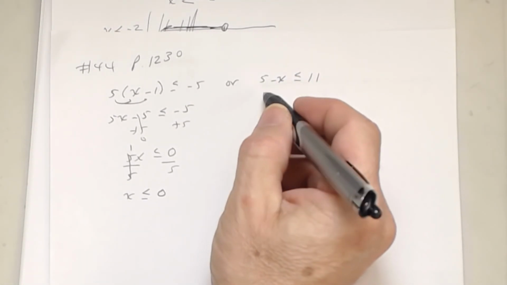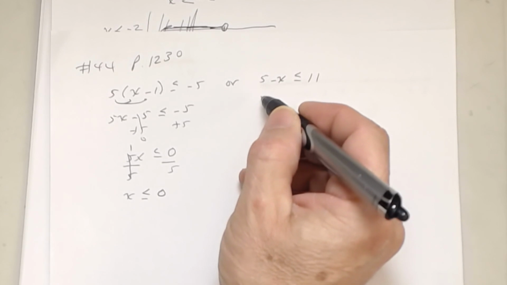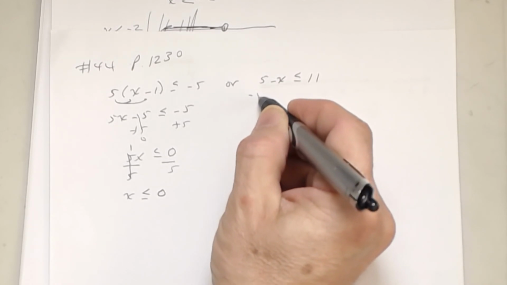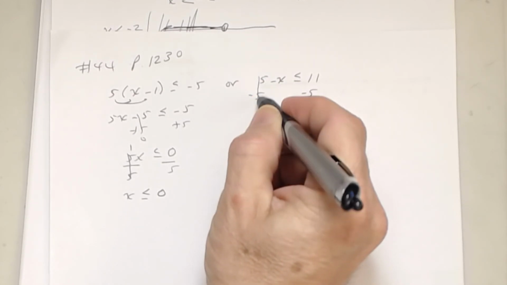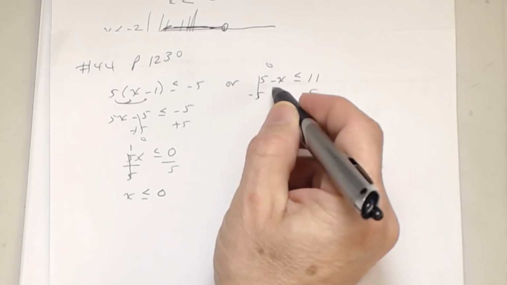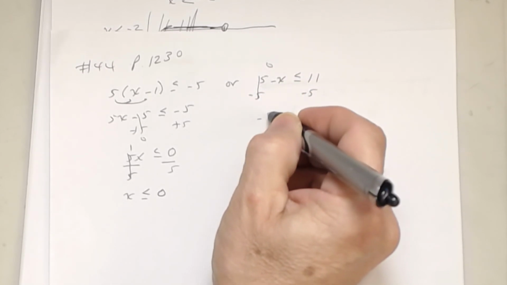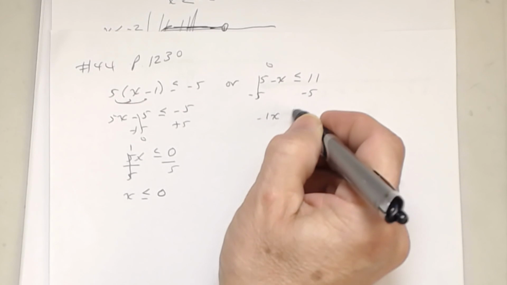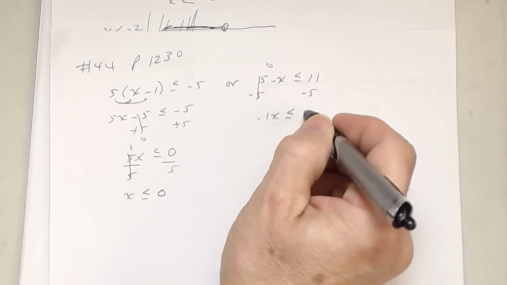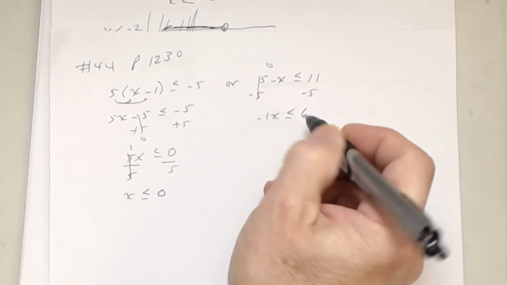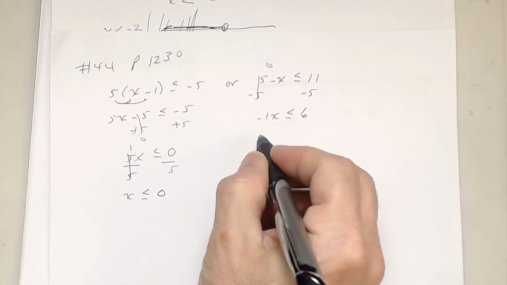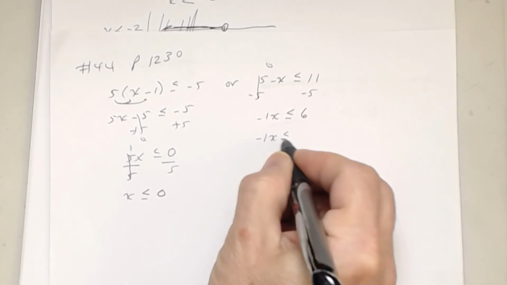Okay, now the next one. What are you going to do there? Subtract 5 from both sides. 5 subtract 5 is 0. What's on the left? -1x or -x, right? It's less than or equal to 6. What's the next step? I've got to divide both sides by -1 to get x by itself.